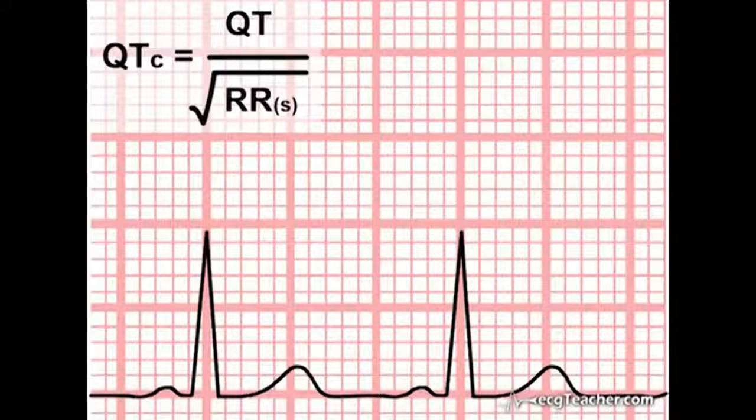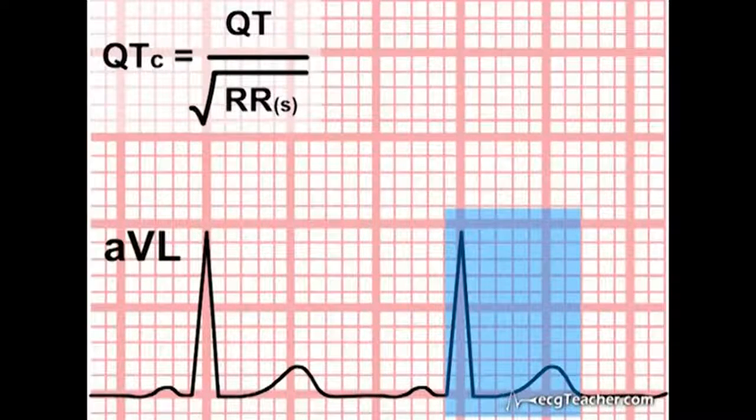Let's try and calculate the corrected QT interval on this readout from AVL. The patient is male and the heart rate is 100 beats per minute. The observed QT interval on the ECG is 8 small squares, or 0.32 seconds.